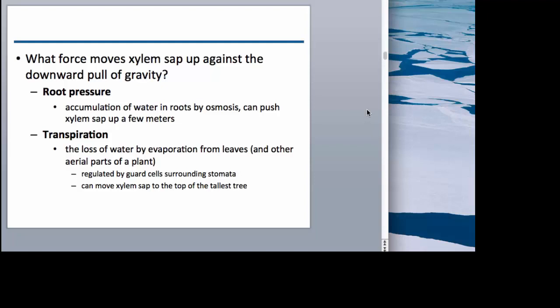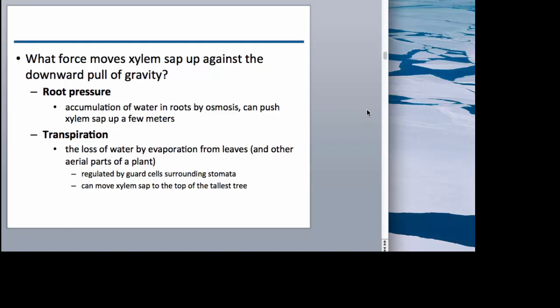We're working to get all of this water up to the top of the plant, and then we're going to say it's just going to evaporate. Well, the process of evaporation helps to move this water up the plant so that what needs to be used can be used. So we're looking for mechanisms to help us do this. This evaporation is going to be one of them, this transpiration process.